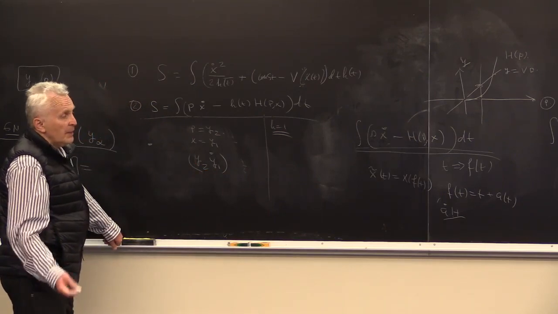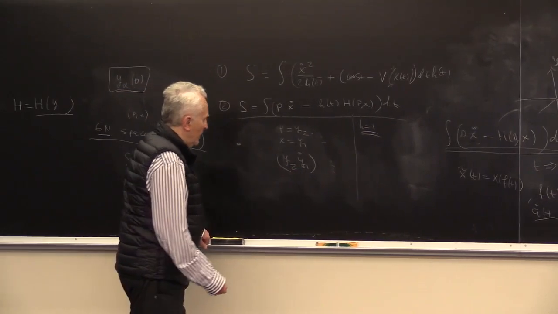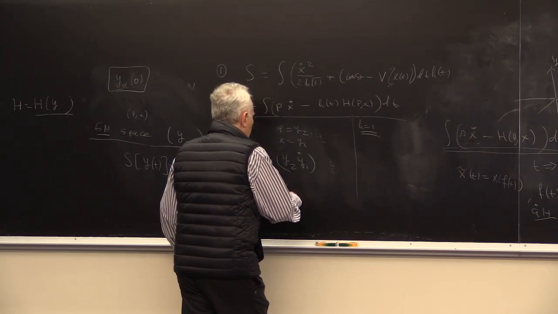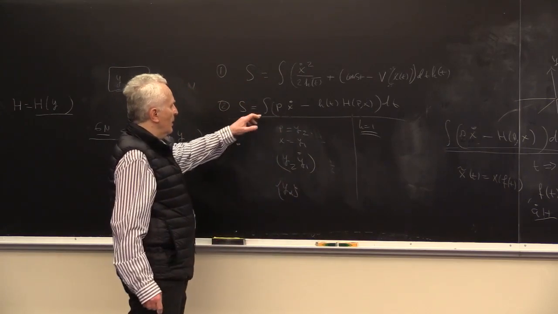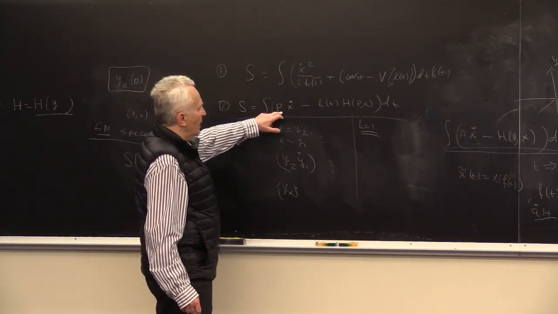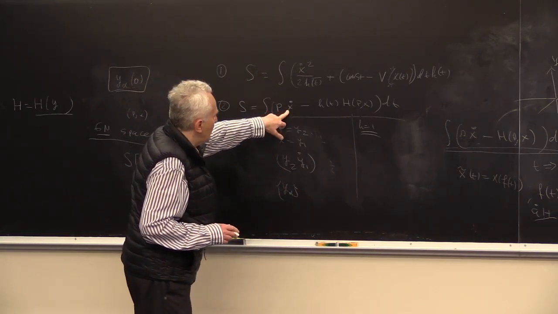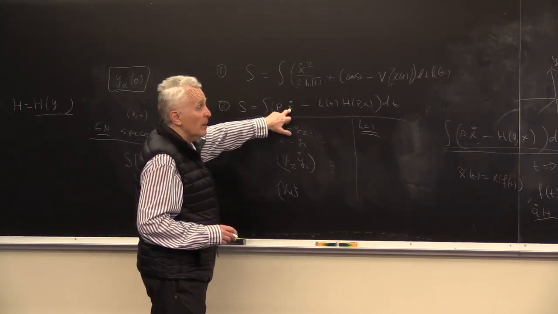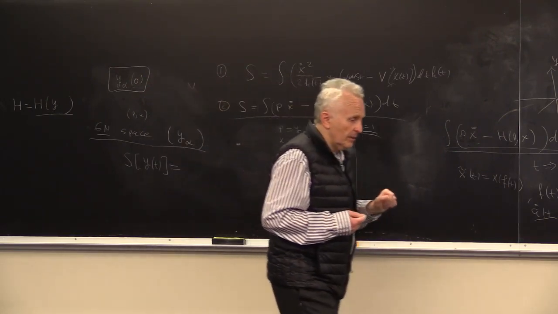And one thing which we can immediately do, when we have many coordinates, well, you see, the reason why we got first order equation of motion is because this expression is linear in time derivative, right?